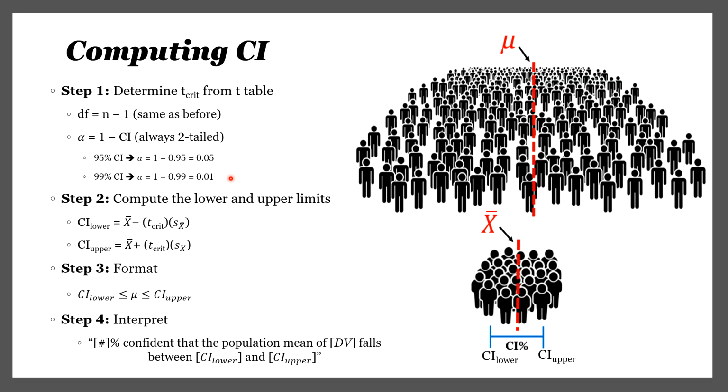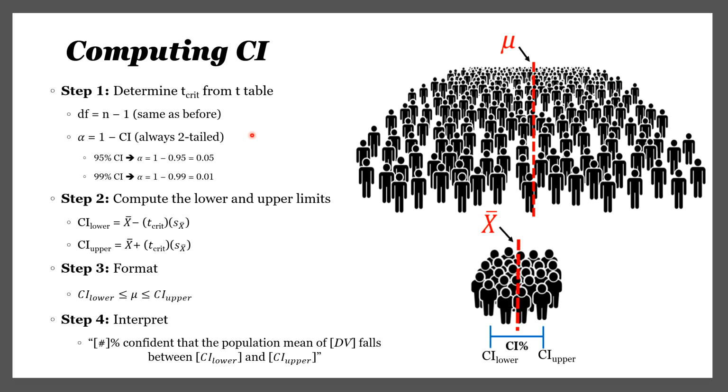Again, the idea is take the confidence level as a decimal, subtract that from 1, and that gives you the alpha. Also, for confidence levels, the alpha is always going to be two-tailed. Always two-tailed. Don't worry about the one-tailed values.